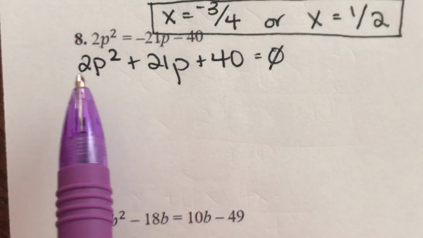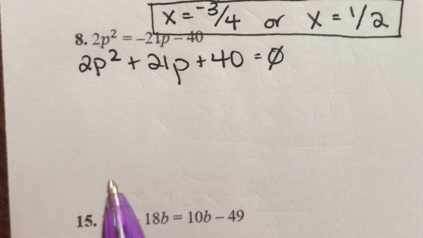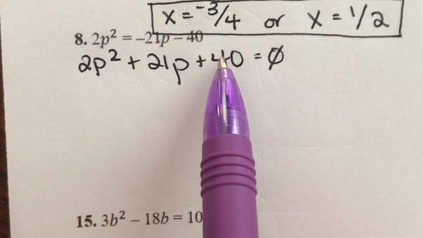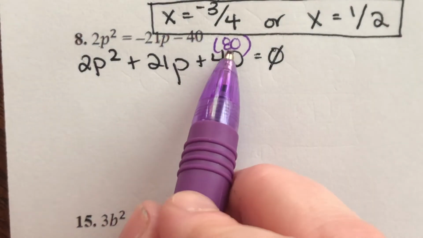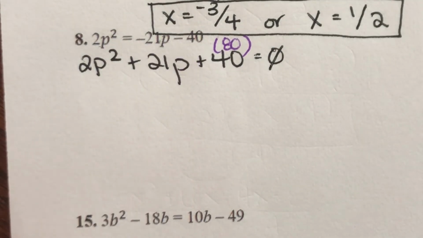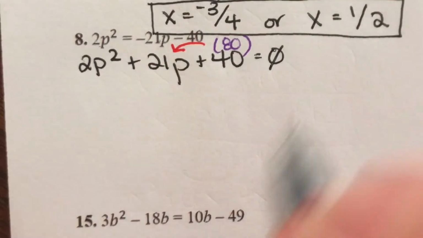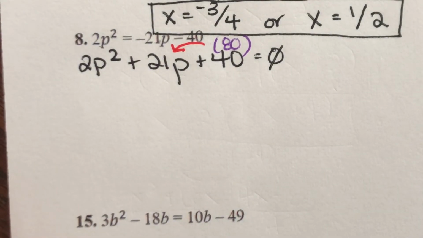Now I can't divide everything by any one number, so I've got to multiply first times the last, and I get 80. And I want to find all the factors of 80 that add up to 21. So I believe, I wrote it down earlier, I get 5 and 16.